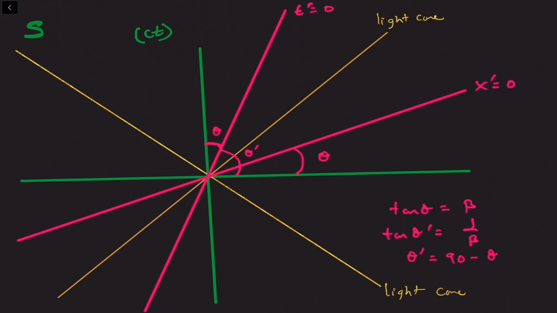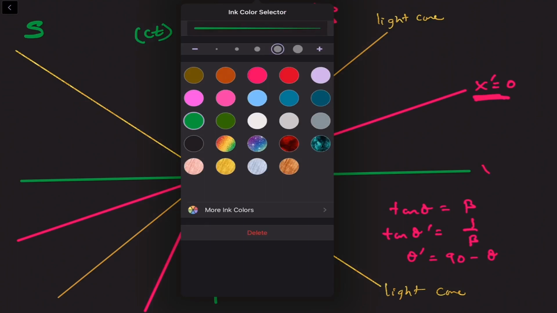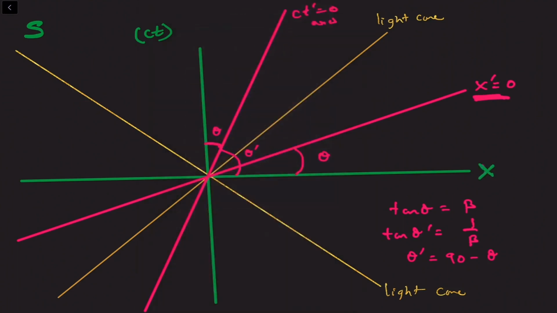So the x prime axis and the ct prime is 0 axis make equal angles with the x-axis and the ct axis.